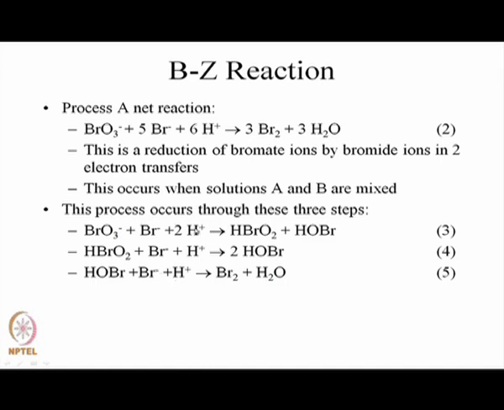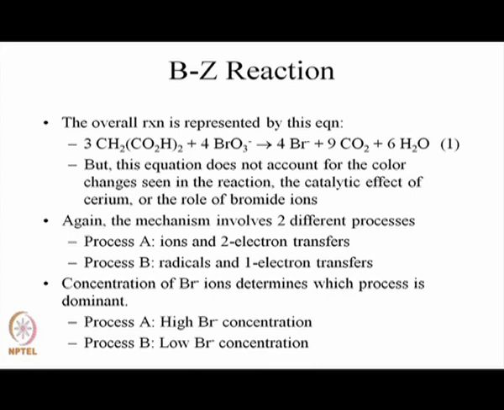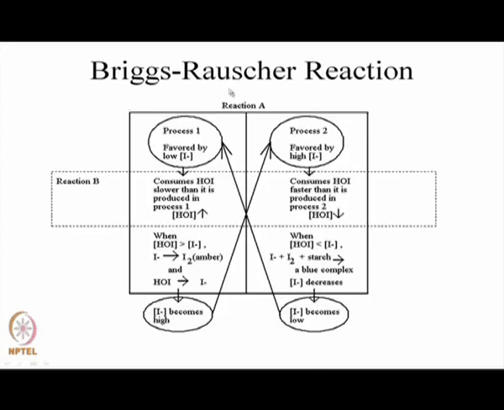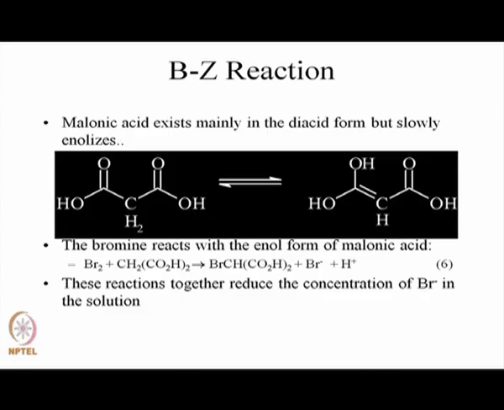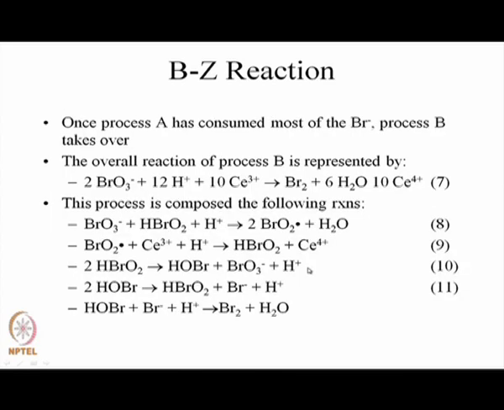So this way, at one time process A is prevalent, at another time process B is prevalent, like we talked about with the iodide reaction, process 1, process 2, depending on whether high iodide concentration or low iodide concentration. Okay. The similar is the situation, you see that here Br minus is the determining factor, and in this step Br2 oxidizing malonic acid to the corresponding bromo derivative, and Br minus is generated, that is brominating your malonic acid and thereby generating Br minus.